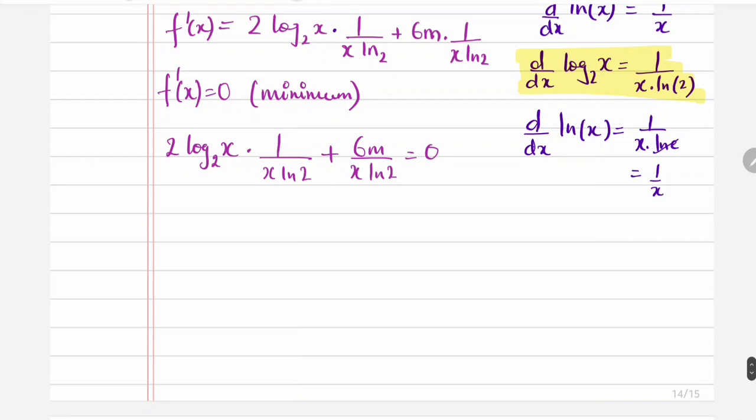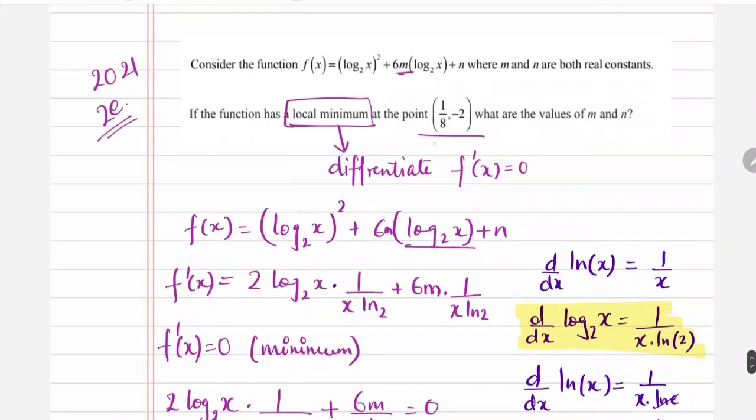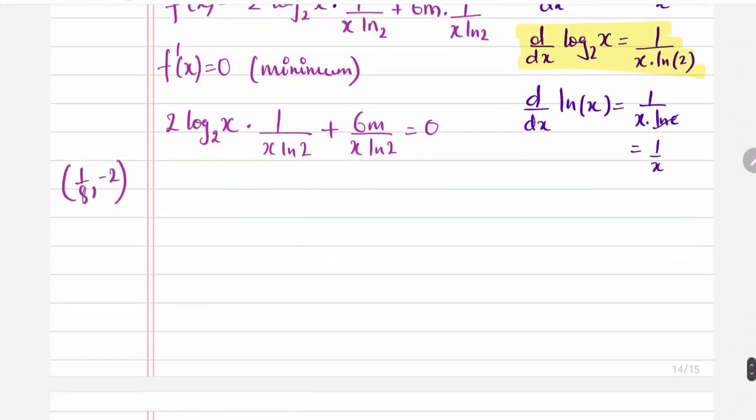Right, so now we know they have given us 2 points, 1/8 and minus 2. So we will substitute x as 1 over 8.